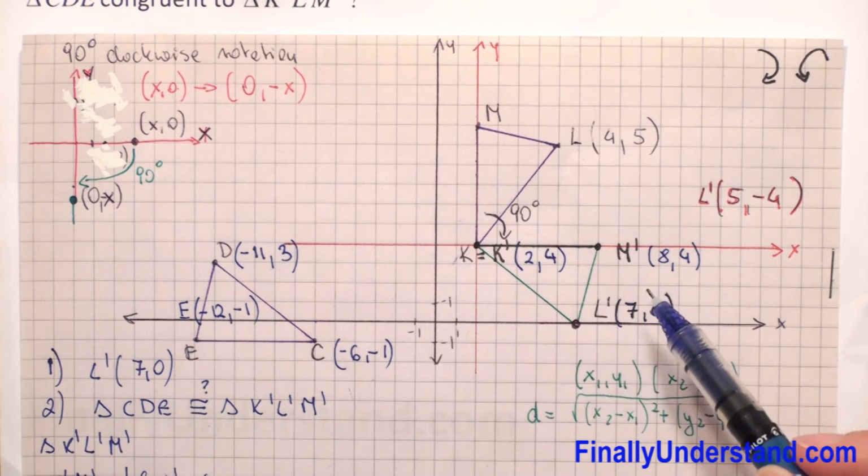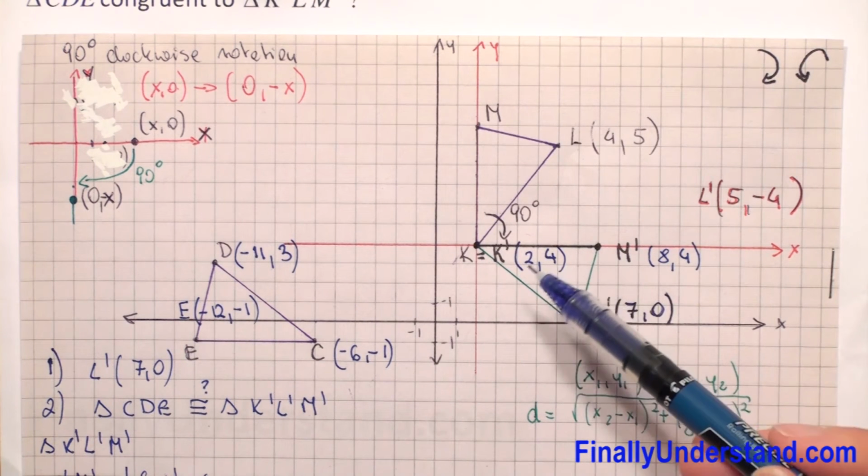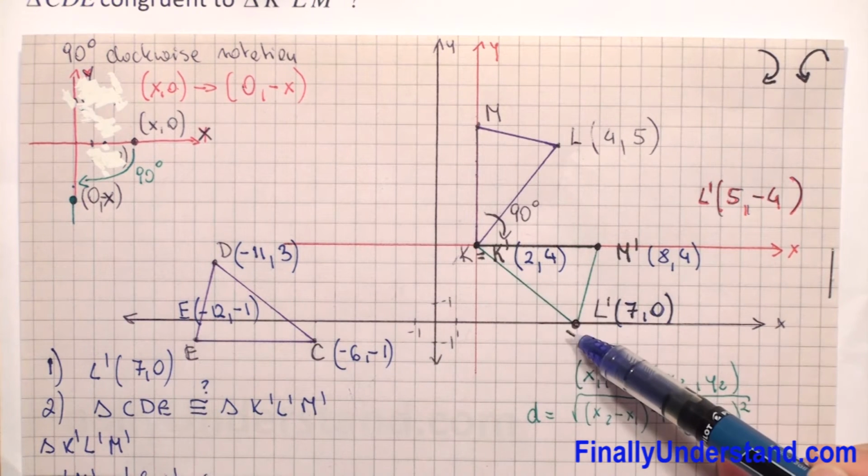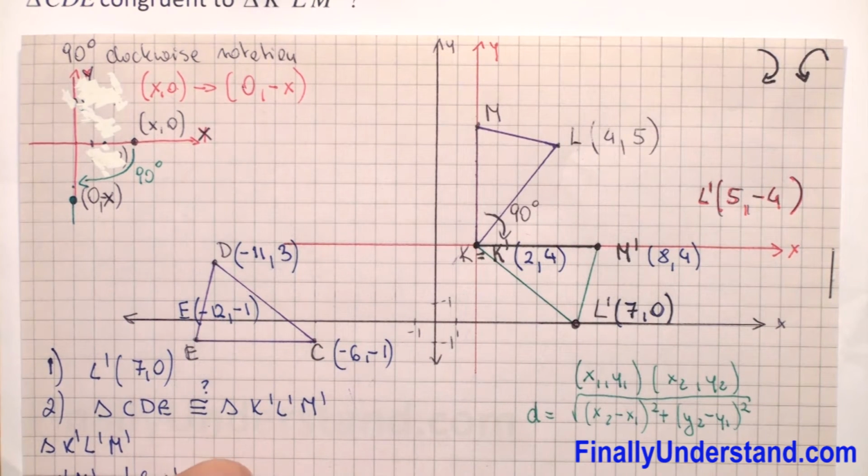Next we will calculate the side K prime L prime. Now the coordinates are different, so we will use the distance formula. So the last point is L prime. We subtract the first coordinate of K prime from the first coordinate of L prime.